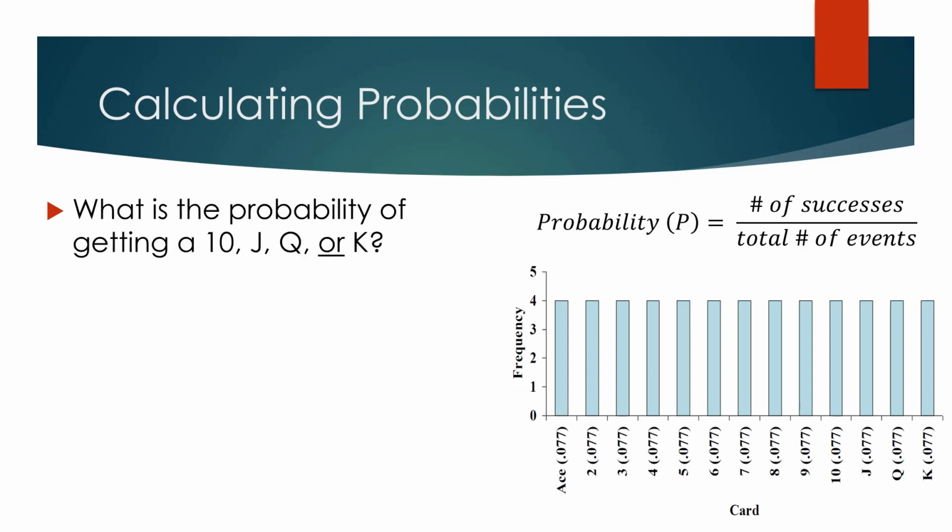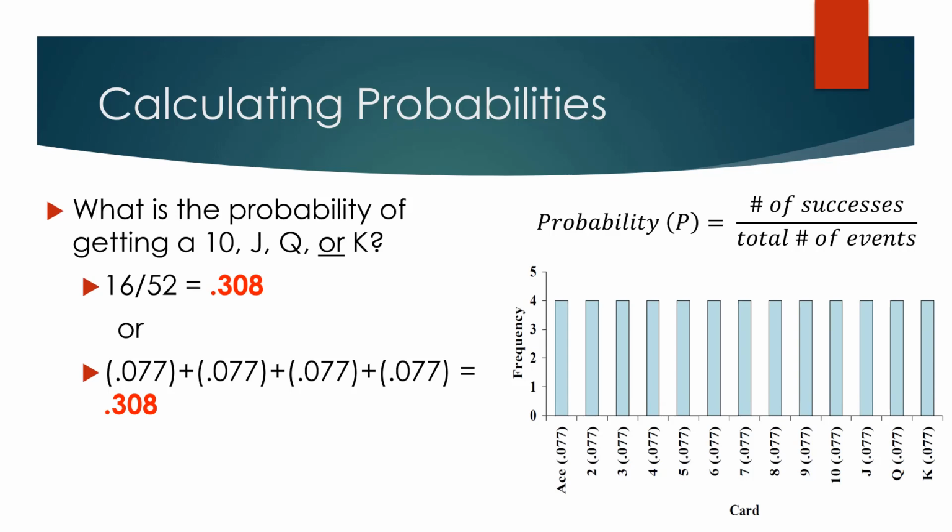Now, what is the probability of getting a 10, a jack, a queen, or a king? Okay. Well, here's what we would do. We know that we have a 4 out of 52 chance of drawing a 10, and 4 out of 52 drawing a jack, and same for queen, and same for king. So really, if I draw one card out of the deck and I want it to be a 10, jack, queen, or king, I have a 4 plus 4 plus 4 plus 4 chance out of 52 cards of picking one of those 4 out of the deck.